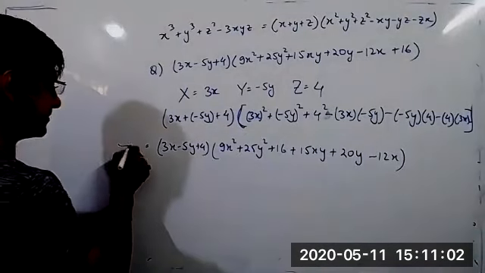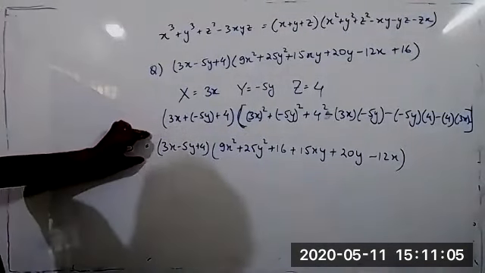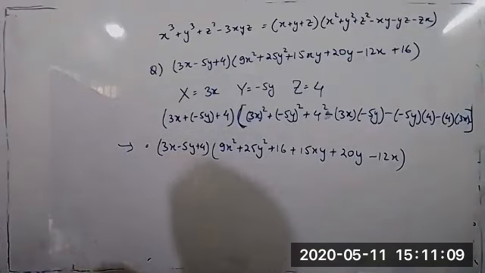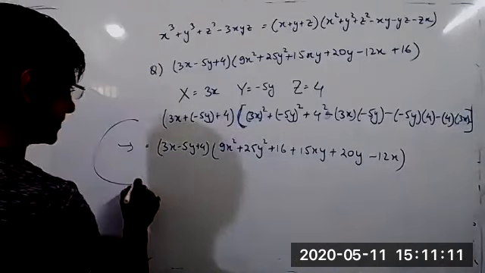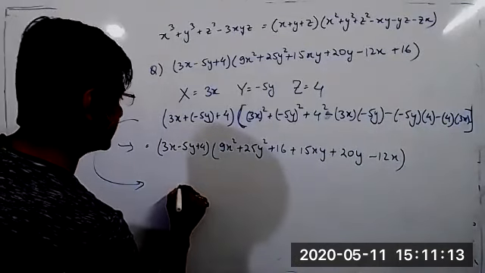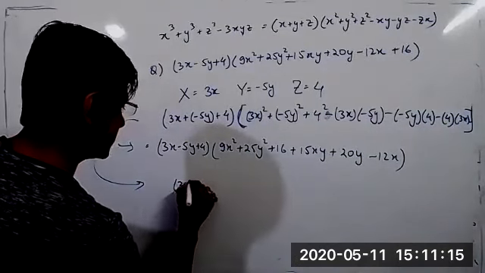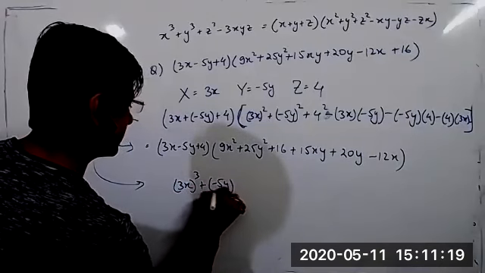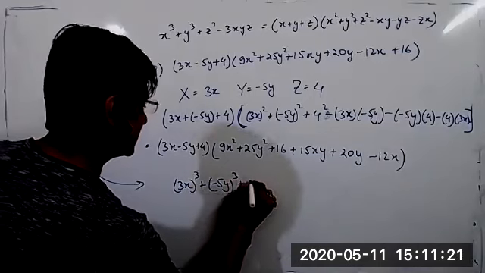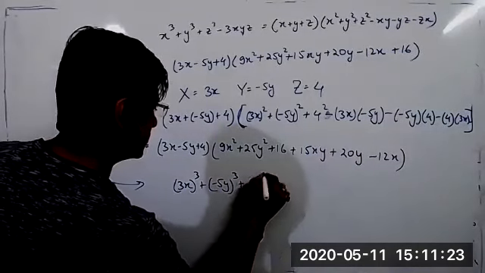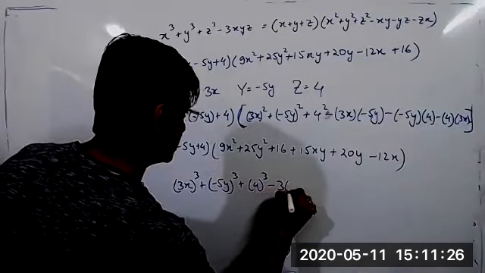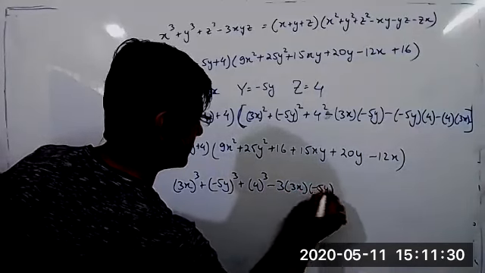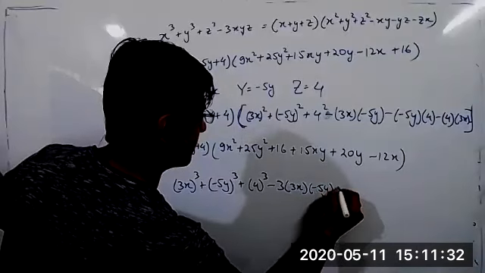This step, mind you, what we are doing is just verifying whether you have written this correctly with the question. So after this step, you can straight away write this. What will it be? 3x cube plus, minus 5y cube plus 4 cube minus 3 into 3x by... minus 5y plus 4.